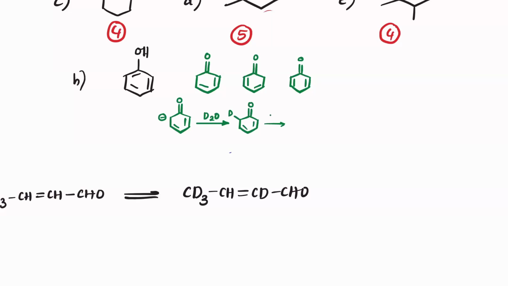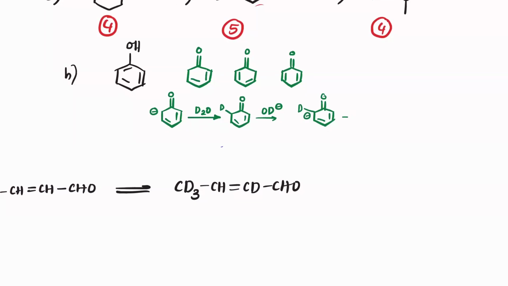Now imagine it is happening one more time with OD minus. Again, hydrogen will be released. So you'll get minus, but the deuterium will still be at the same position. So the other hydrogen has released, and this is how it would be. And again, when you react with D2O, you'll get both the deuteriums on it.